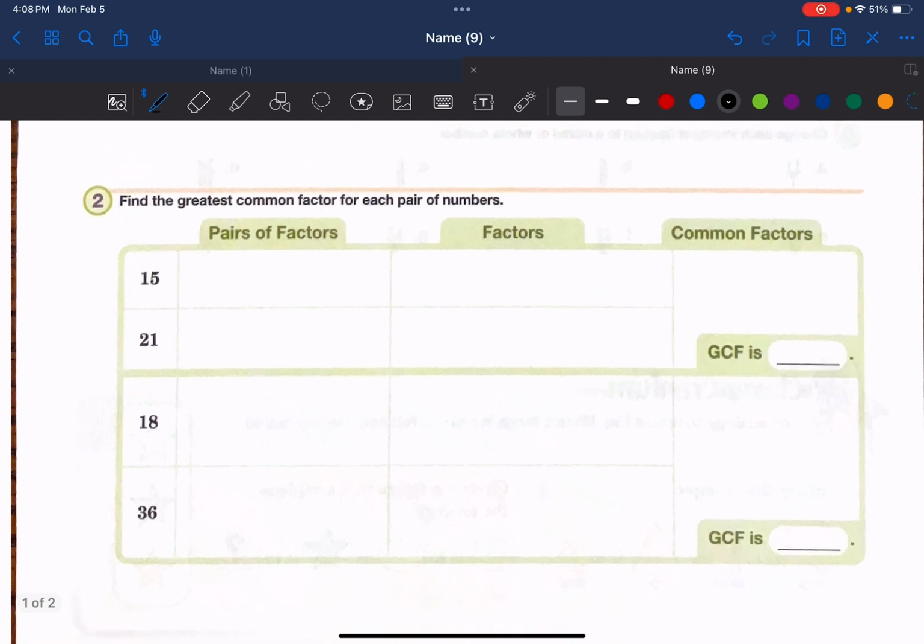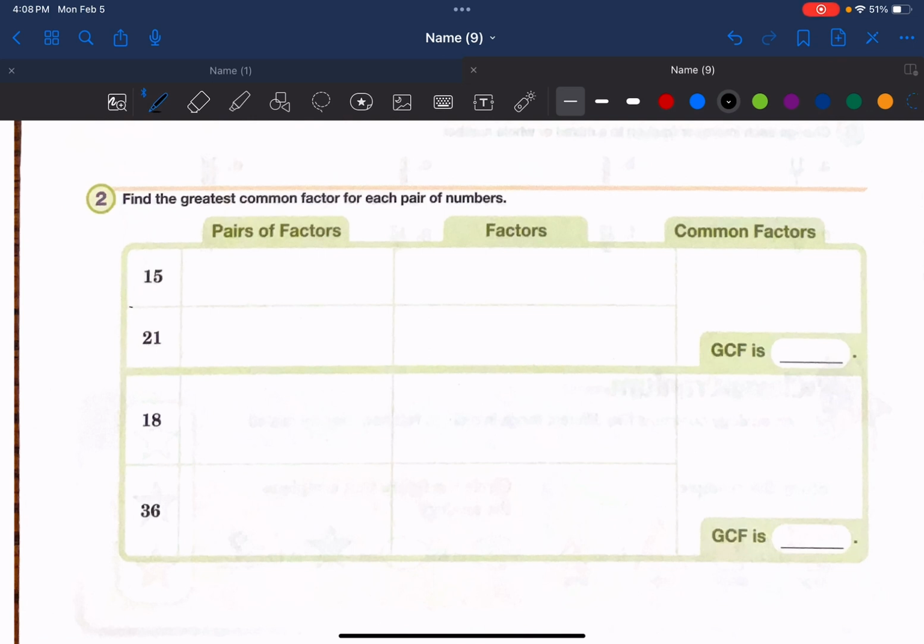Okay. All right, then you're back to your factor pairs. Factors, greatest common factor. So unlike the last lesson, this is still just two numbers. But notice this line right here. That's like saying 15 21s or 18 36s.